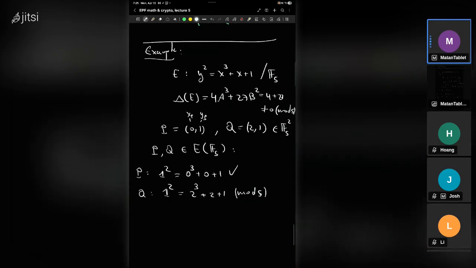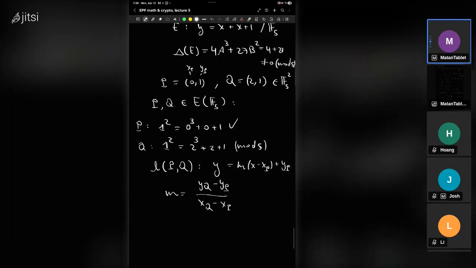Okay, what is the line between P and Q? I need to calculate this line in order to calculate P plus Q. So the line is of course, like any line, y equals M times (x minus xP) plus yP. This is the line between P and Q, where M is (yQ minus yP) divided by (xQ minus xP).